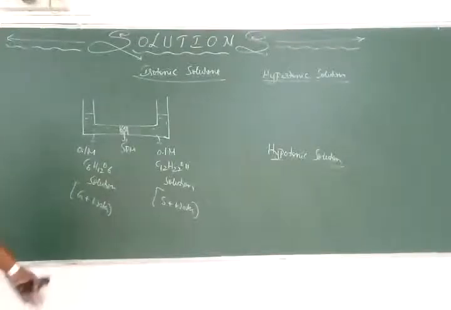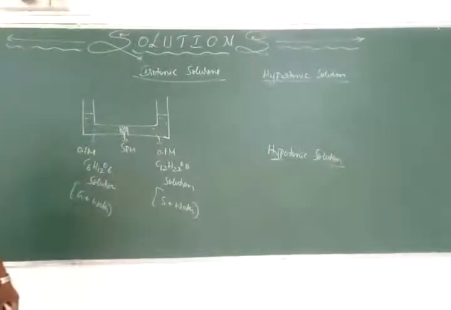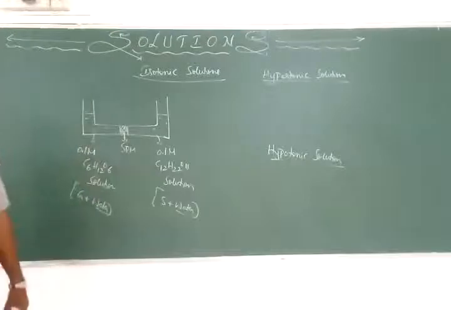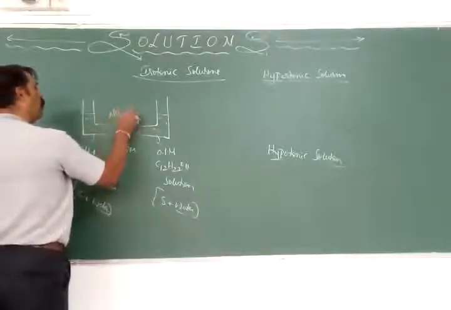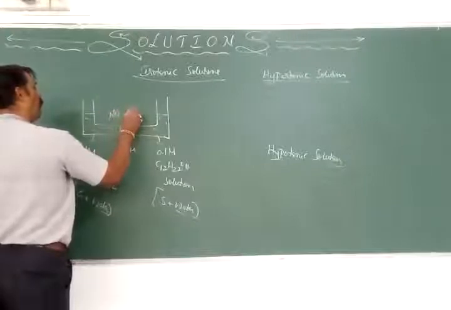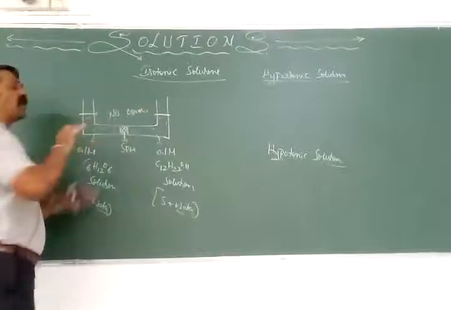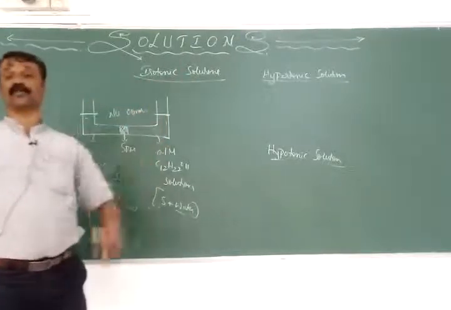Because we have 0.1 molar, it means 0.1 mole of a substance is dissolved in 1 dm3 of solvent. So the amount of water in both cases is the same, which means there is no osmosis. The level on these sides remains constant.